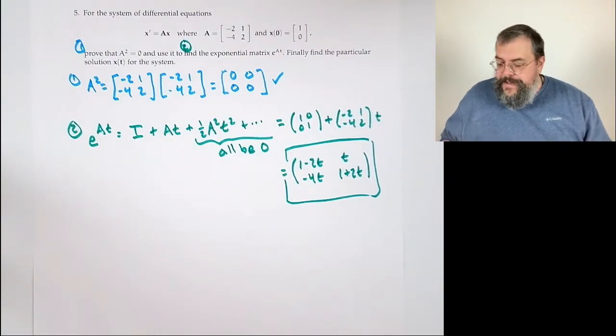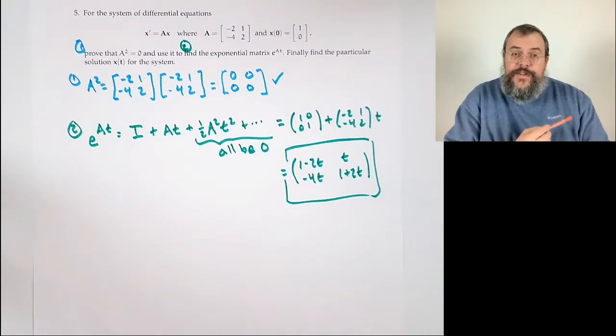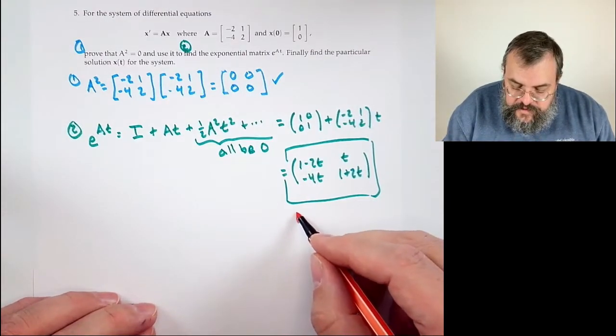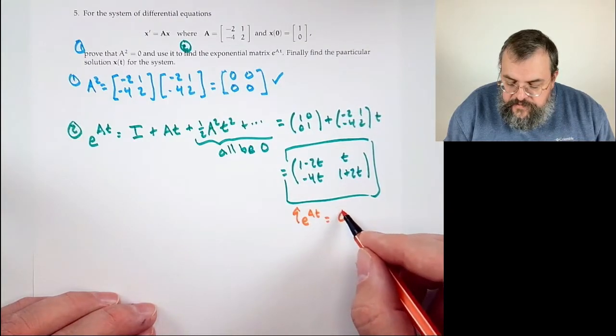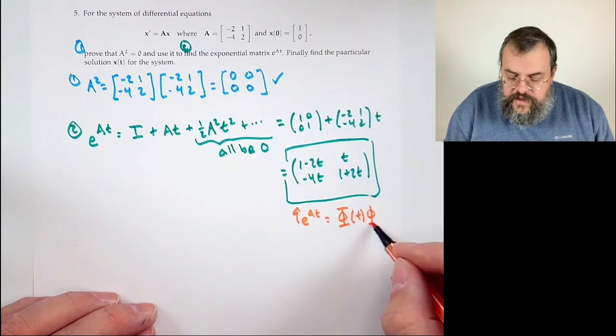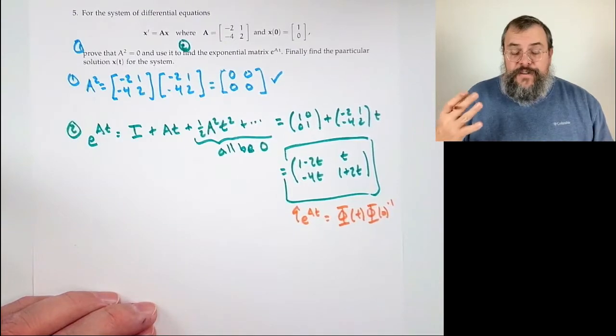Great. Now there's a third part of this problem. It says find the particular solution for the system. So what's the key? Well, the thing is, this is e to the At, but we also know that this is a fundamental matrix, phi of t. In fact, this is phi of t, phi 0 inverse. This is like the fundamental matrix.